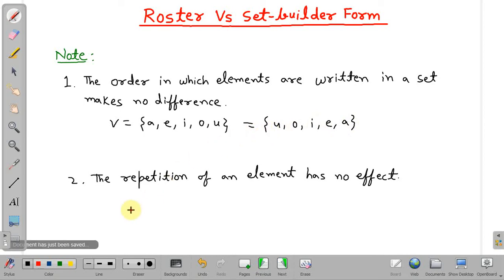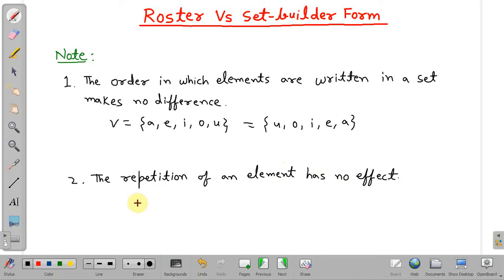The next point is that repetition of an element has no effect. If an element is repeated twice or thrice, it is the same as writing that element one time only.